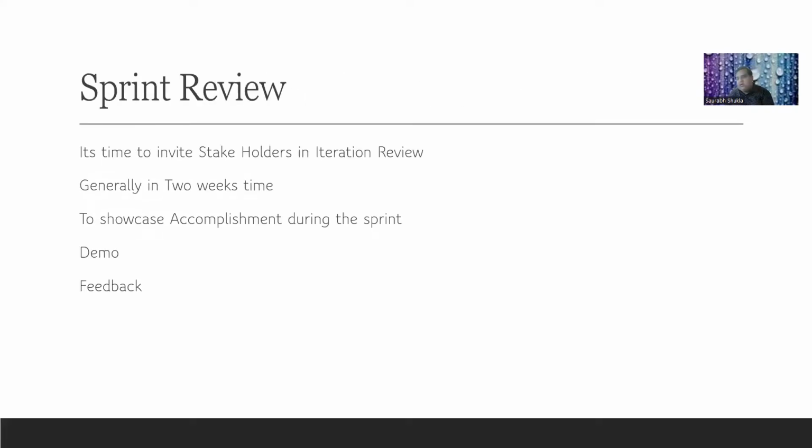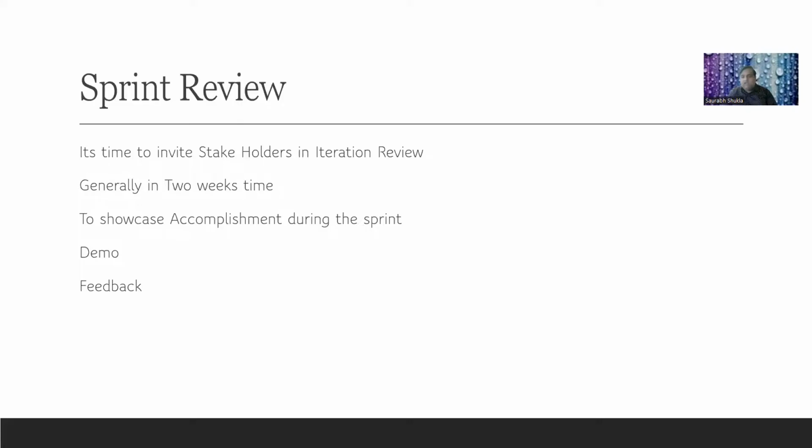The third one is the sprint review. This is very important. Let's say the Scrum Master and my Scrum team, along with the product owner, have worked for 2 weeks and created something out of it. We have done that, and our product is ready. Or maybe it is not ready, it is only 80% ready, but it is in workable condition.